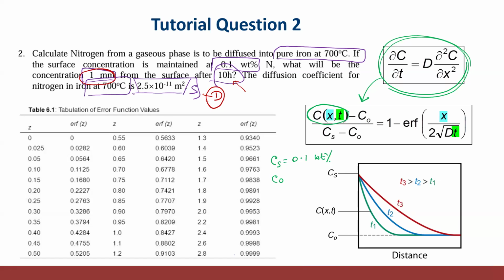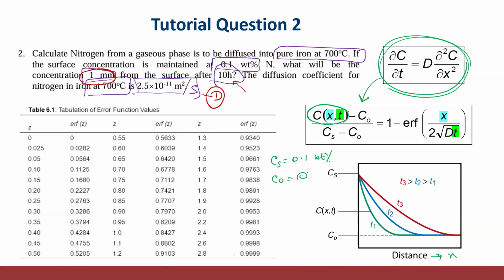When the distance goes to infinity, what will be your concentration? So that will be 0 here, isn't it? It will go to 0 because it is pure iron. When X is far away, the concentration of nitrogen in the pure iron will be 0.